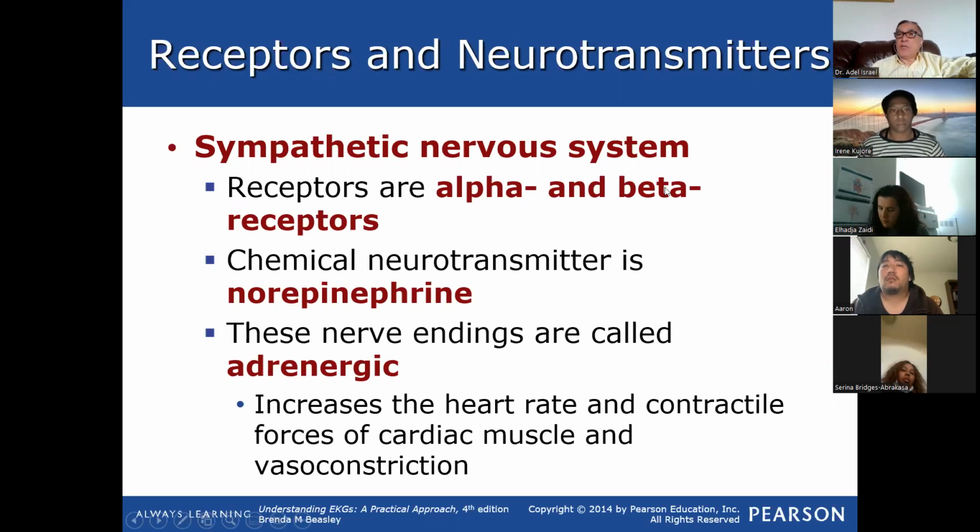We are going to learn a medication which will slow the heart rate. We call it beta blocker. So if I block this receptor, this sympathetic will not work. So it is going to slow down the heart. So our first medication today, I need you to save, is beta blocker.